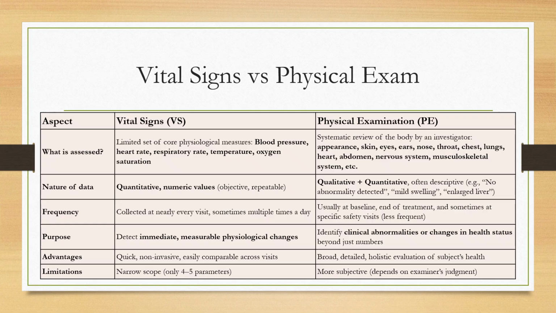So in simple terms, vital signs tell us the basic numbers of life, whereas the physical exam tells us the overall condition of the body. They go hand in hand. If vital signs are the warning lights on a car dashboard, then the physical exam is the mechanic lifting the hood and checking all the parts.